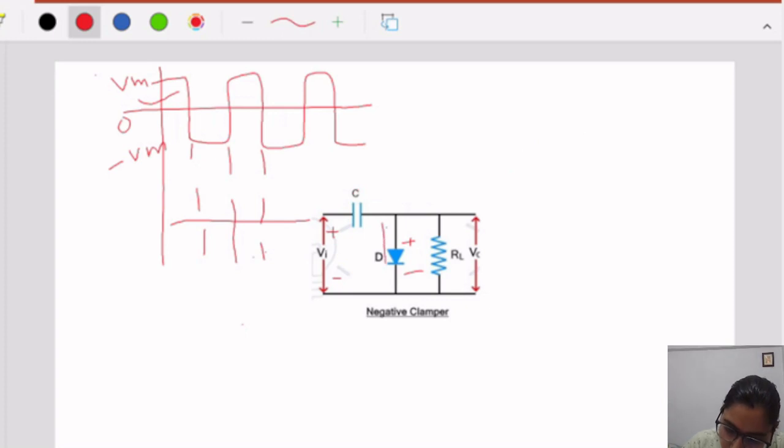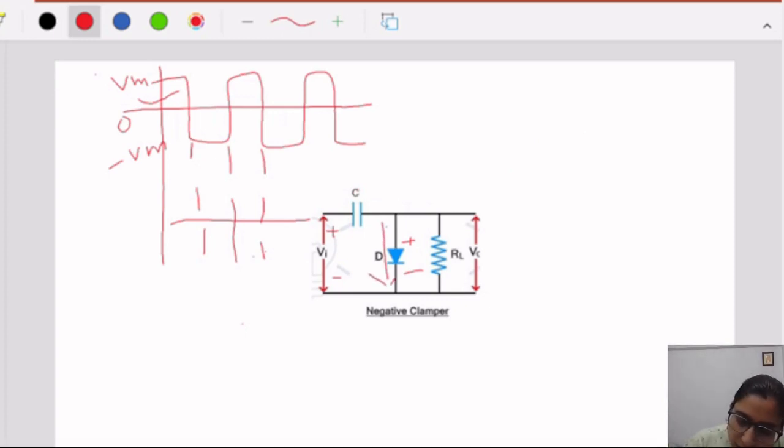Because the diode is providing a very low resistance path. If it is providing a very low resistance path, all the current flowing in the circuit goes towards the diode but not towards the resistor RL, because all the current is consumed by the diode and now this current is flowing in this loop. So at the output we will get nothing in the positive half, but the current is flowing in this loop, so this capacitor will charge. Okay, so in the first positive half cycle this capacitor will charge.